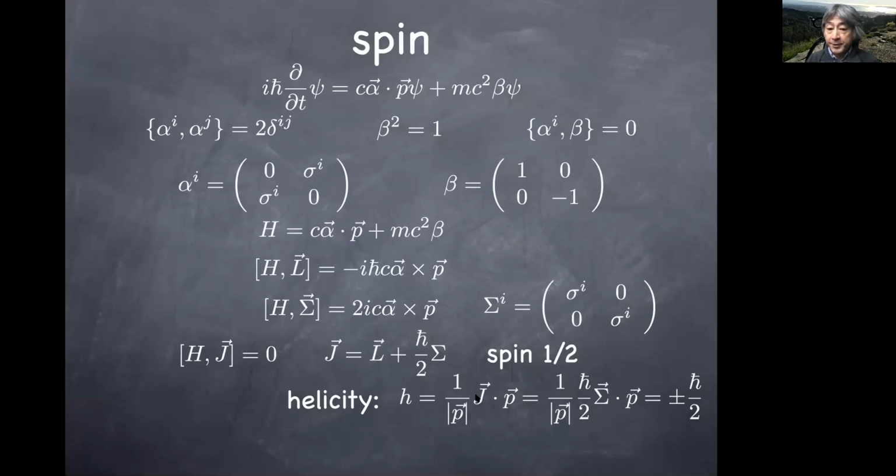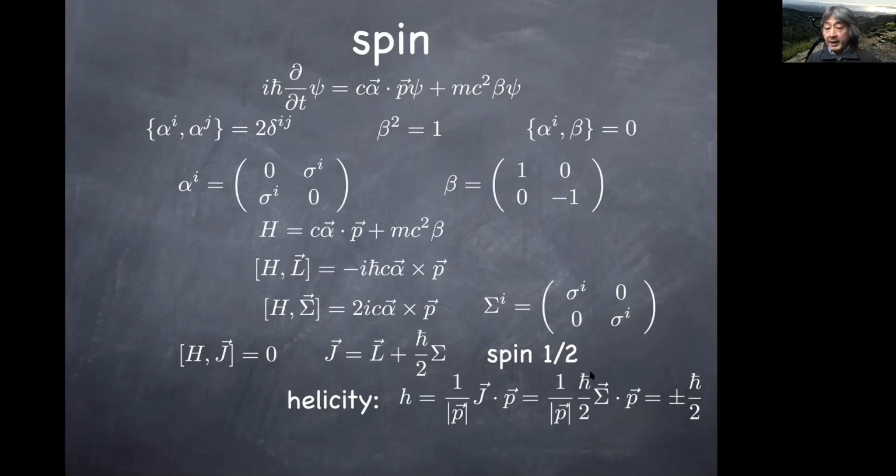So when you take further the dot product with the momentum, the orbital angular momentum drops out because it's orthogonal to the momentum. The only piece that remains in this dot product is the spin piece. Namely, this helicity singles out spin and drops orbital angular momentum.